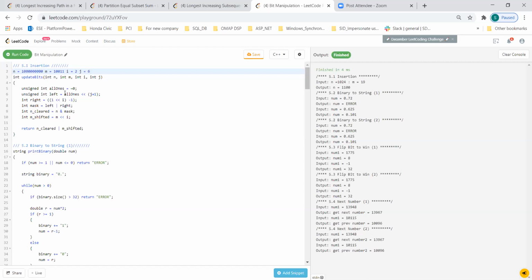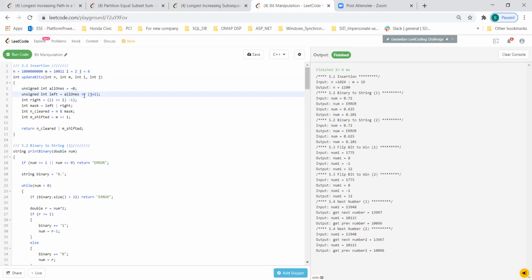So we come here first, we take this all ones value, we negate it, or 0 with itself, so we'll have a series of 1s. Then we left shift by 1 plus j.